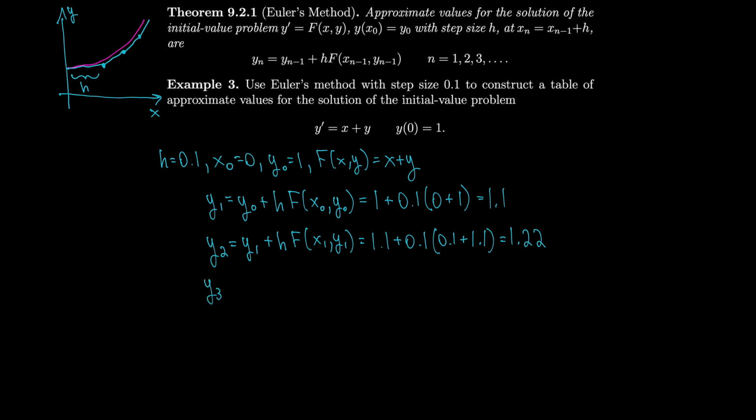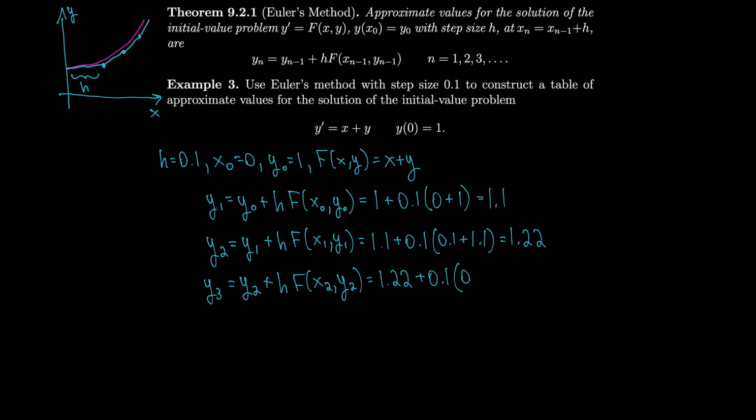For y3, we do the same process again: y2 plus h times f of our previous point, x2, y2. We get 1.22 because that's what y2 was, plus our step size 0.1 times our next x value. If the first x value was 0, then it moved up by 0.1.